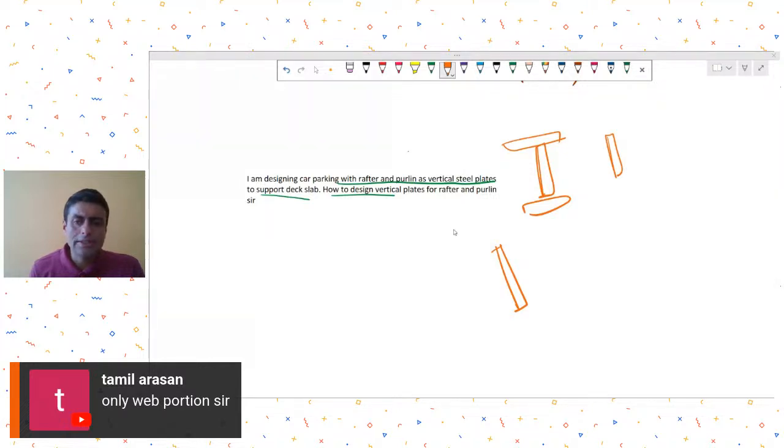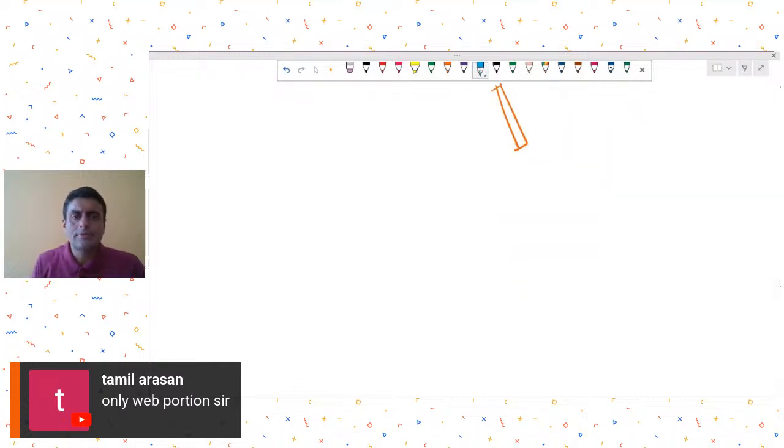Okay, so is that sort of a grid like system that you have created? Let's not call them rafter purlins. If you have tried to create this system, what my suggestion would be, I'm showing you a plan view.